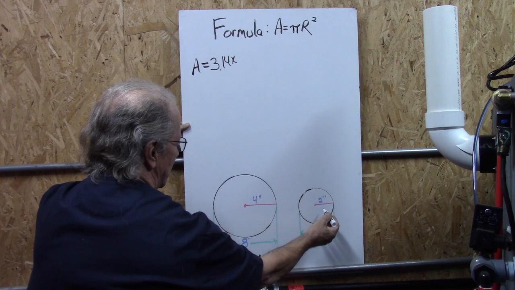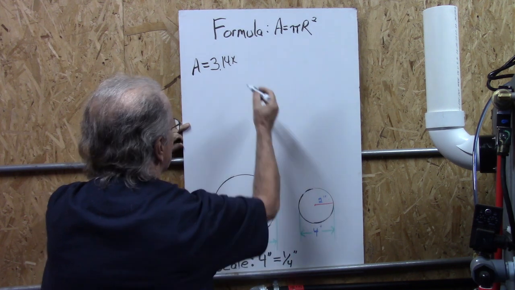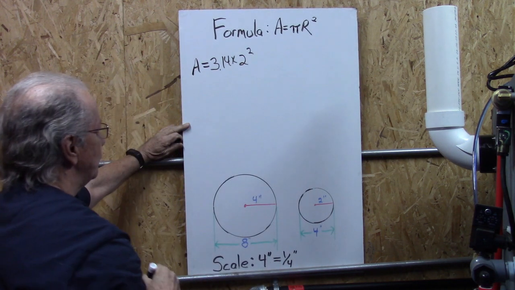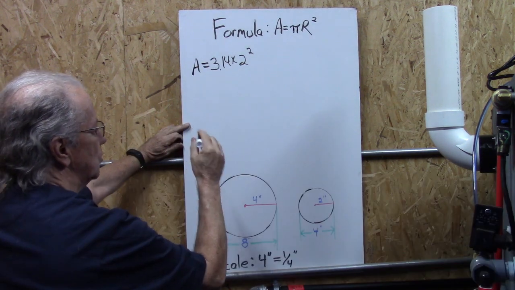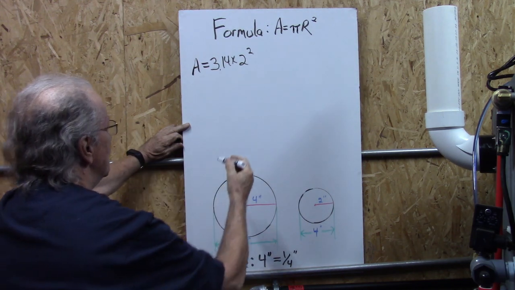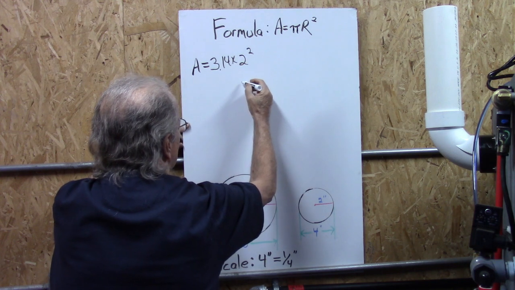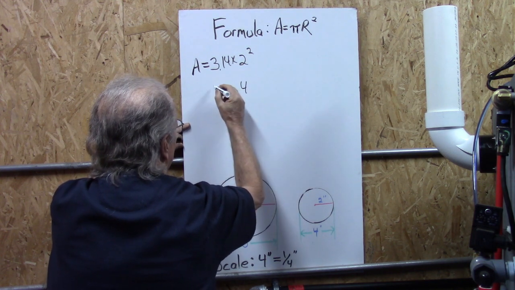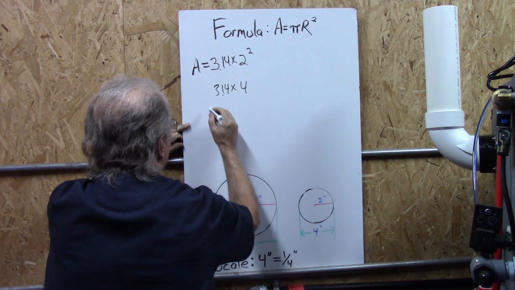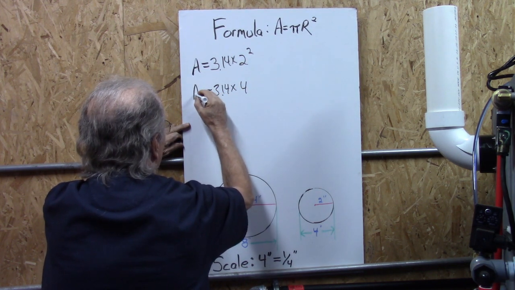So the radius on the 4-inch circle is 2 inches. 2 squared, you multiply the 2 by itself, so 2 times 2 is 4. It'll be 3.14 times 4, which equals our area.